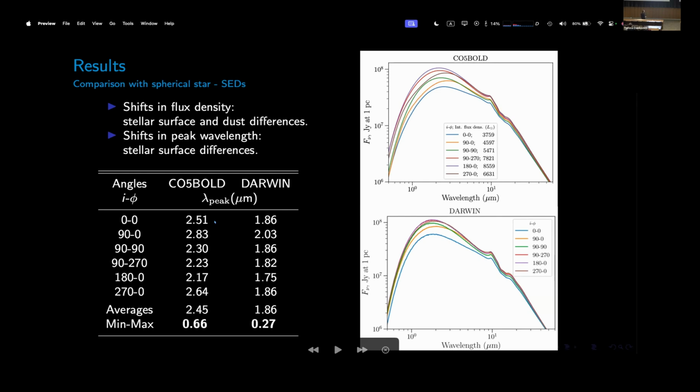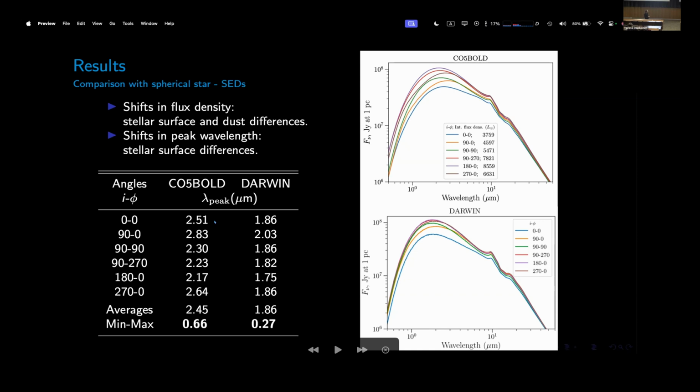So the flux density shifts are both caused by dust around the star and the surface of the star, while the shifts in wavelength of the peak of the SED are mainly caused by the surface of the star.